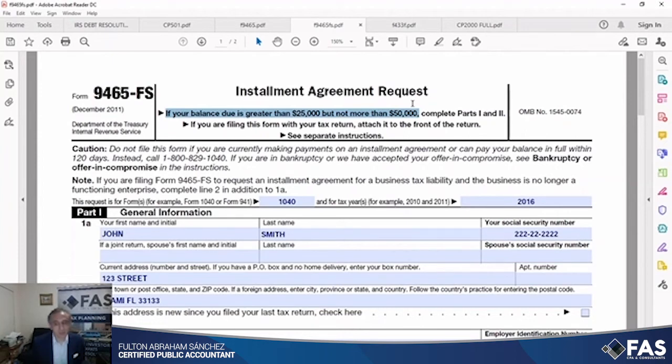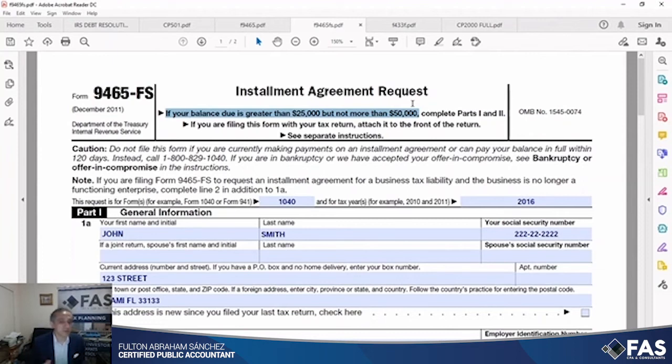Or if at that point you owe more than $50,000, then apply for an offer in compromise, if you qualify, if you are broke, if you are in an economic calamity, if you are unemployed, or your income is not enough to cover the debt. There's no way that you will be able to pay because your income is tied to your necessities and you have no assets.